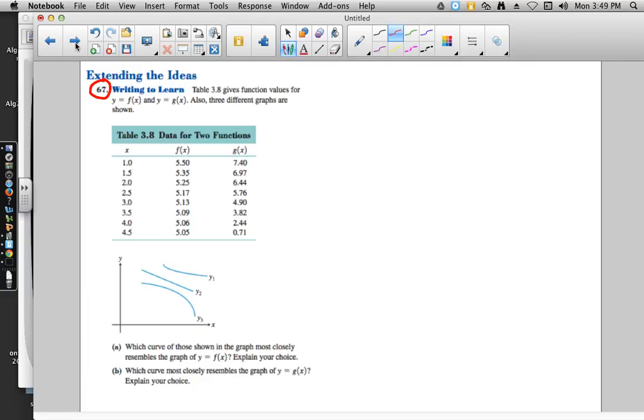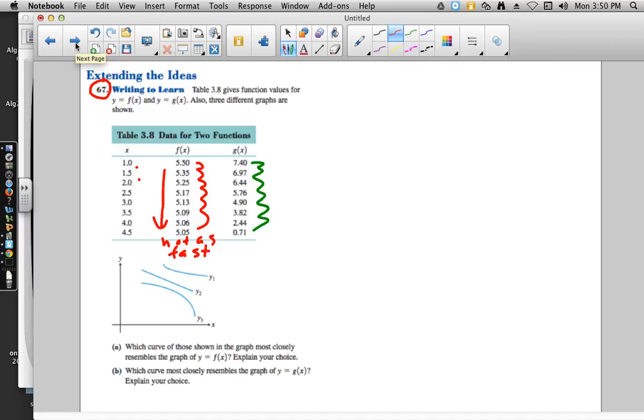So the first thing that I'm looking at is, is there a constant difference between either one of these sets of data between each of the points? Because that's the only way I'm going to get a line, is if there is a constant difference between the two. And it is not. While I'm checking that out, I notice this seems to be going down, but not as fast anymore as we go higher in our x values.